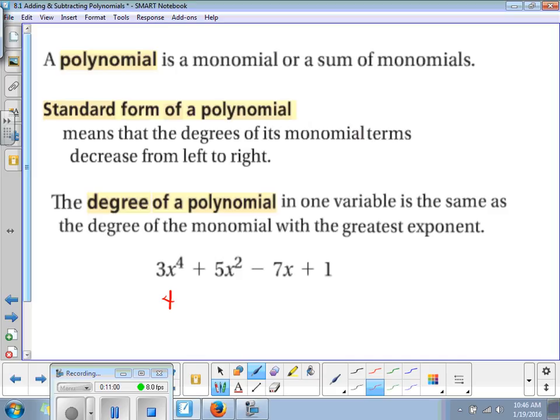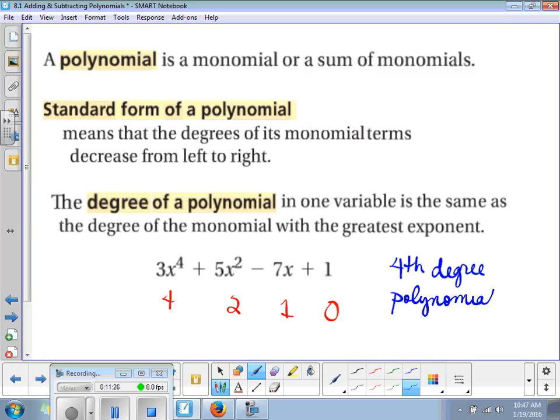This term is a second degree. The next one is a first degree, and this one, the constant, is 0. Okay? So this polynomial altogether is a fourth degree polynomial.